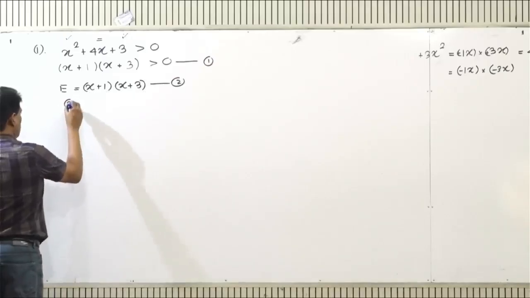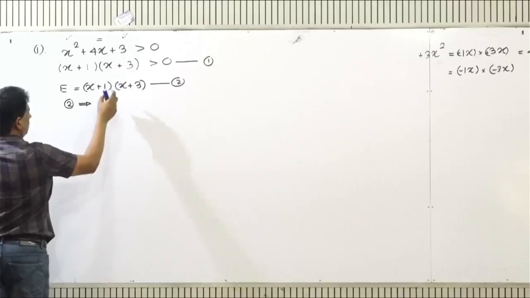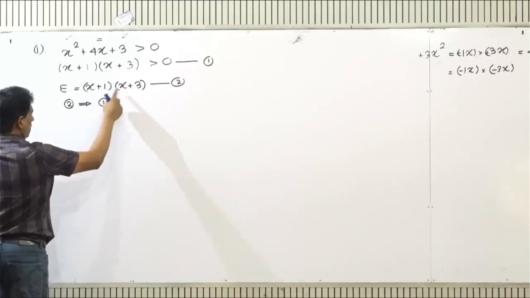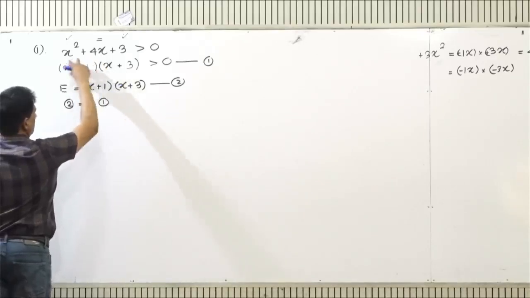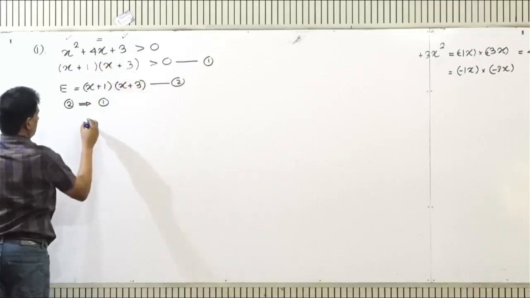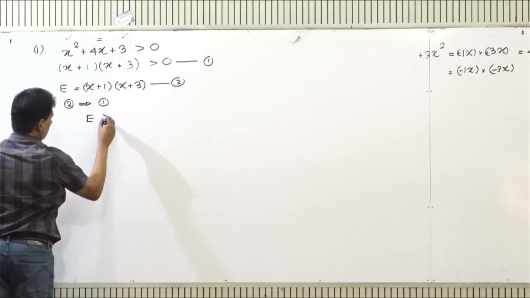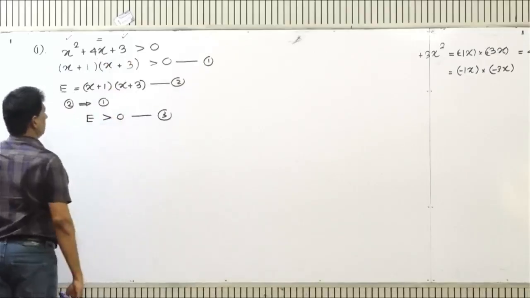Then we substitute from equation 2 into inequality 1. For the multiplication of these two factors, we substitute E on the left hand side. Then here E, the inequality mark does not change, right hand side 0. This is number 3.